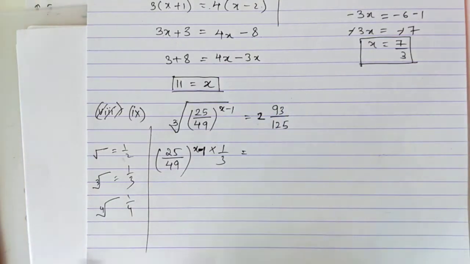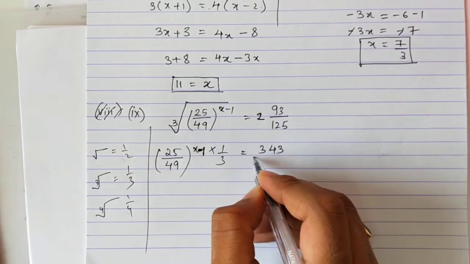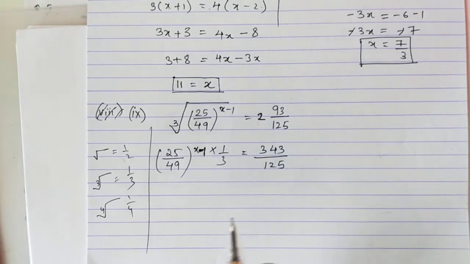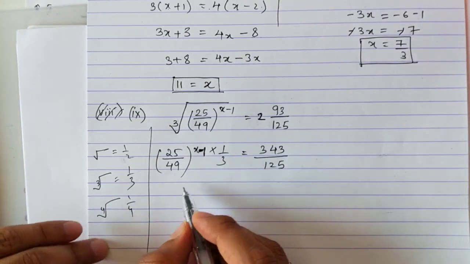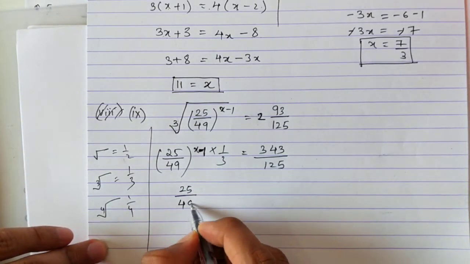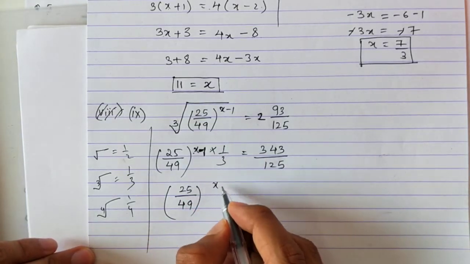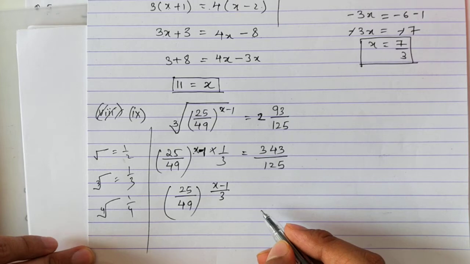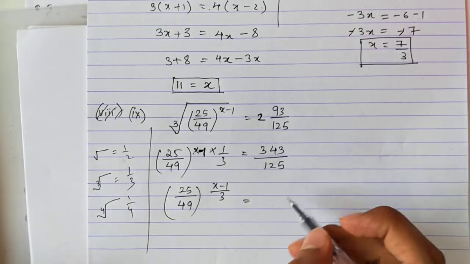Mixed fraction here. So 125 into 2 is 250 plus 93. That is 343 upon 125. Here, (25 upon 49) into (x minus 1) to the power 1 upon 3 is equals to 343 upon 125.